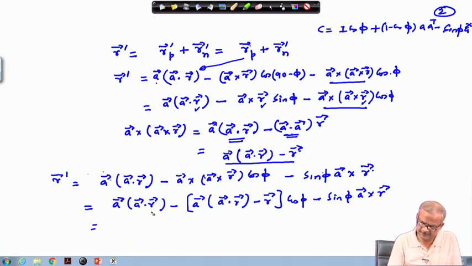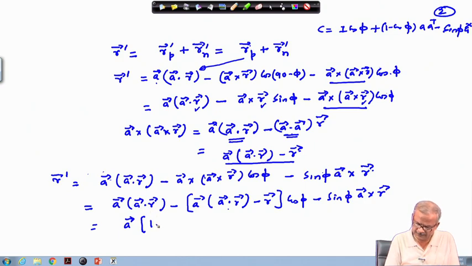Now, what we see is that here something is common between these two terms. So, we write this as A times A, we take, and this is a scalar, this is the dot product.